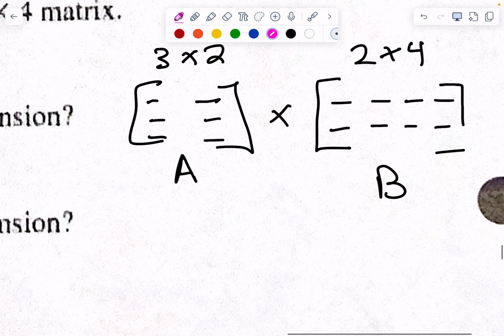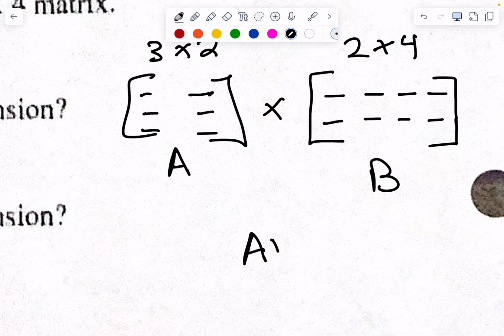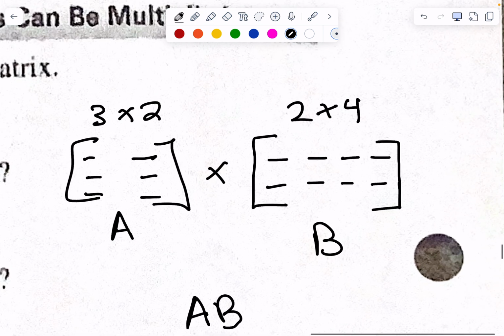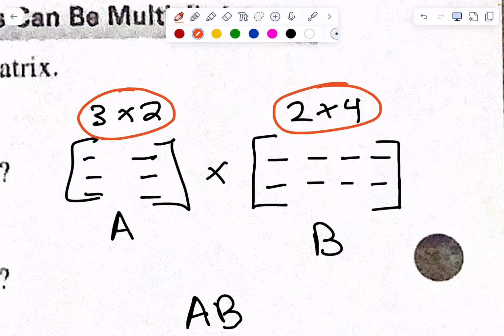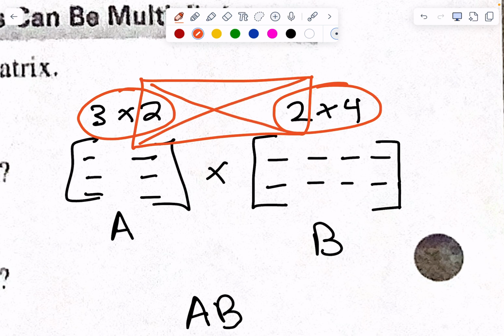Now, the rule here is not the same as adding and subtracting. Adding and subtracting, they have to be exactly the same size. If you are multiplying, like let's say I want to take A times B, here is the rule. If A is a 3 by 2 and B is a 2 by 4, do their middle numbers match up? Yes. Their middle numbers match up, and I'm going to cross those middle numbers out.